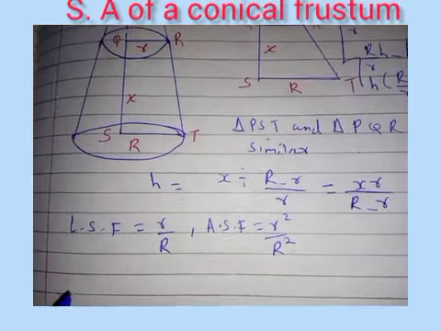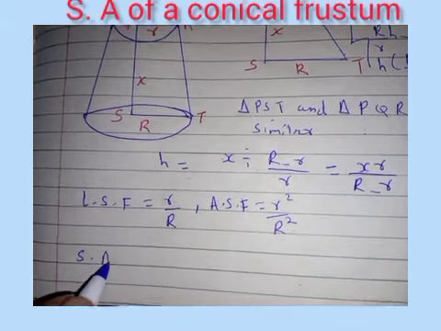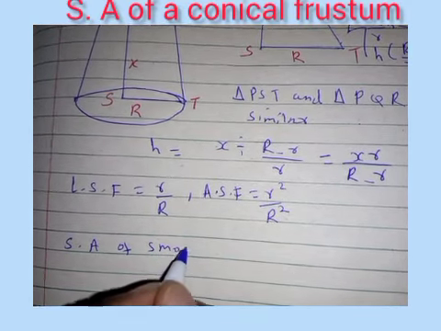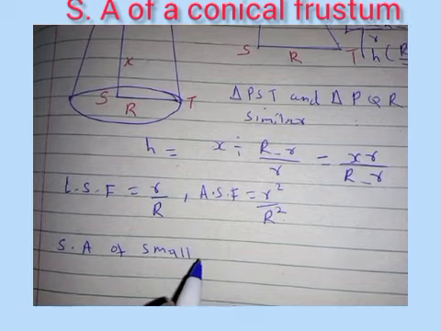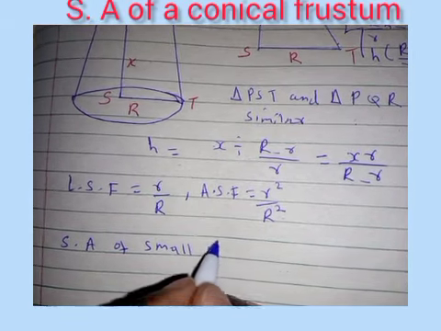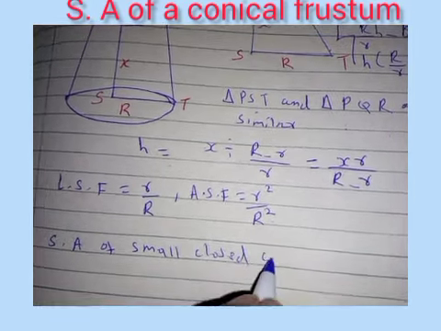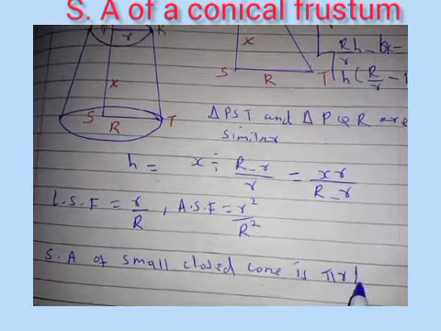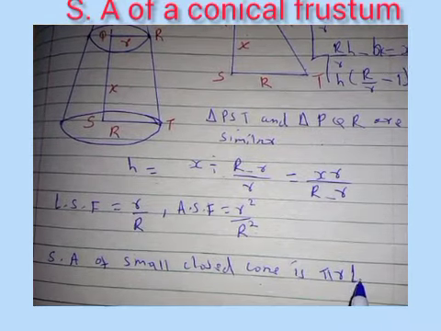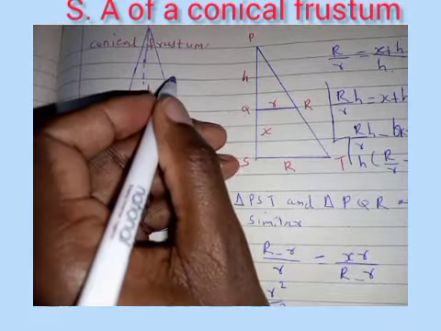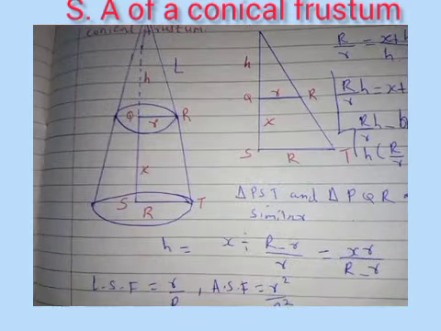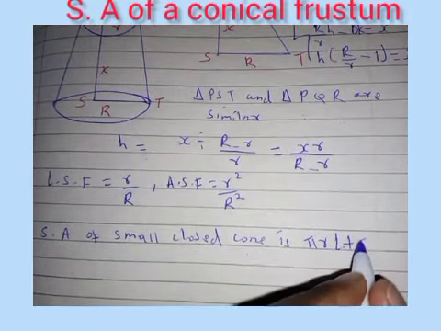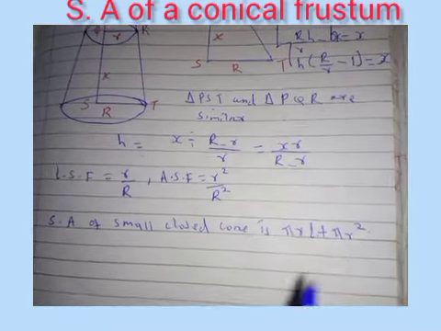Then the surface area of the small closed cone is pi r L, let me call it L, this length here, plus pi r squared.